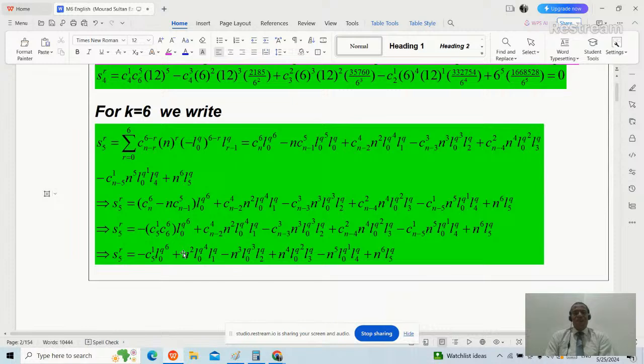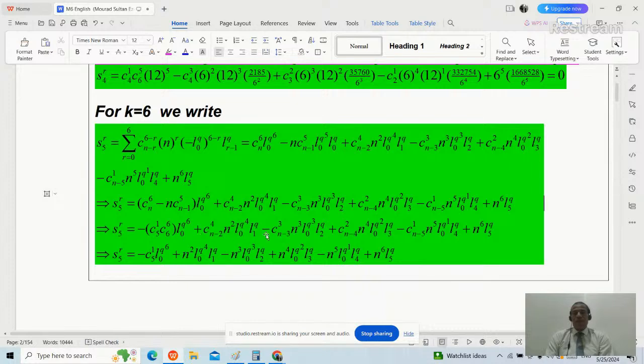Plus, of course, the other simple calculation, n squared for n minus 2. I put n squared here. This one, n is 6 now because we are raising to the power 6. 4 minus 2 is 4, 4 choose 4 is 1. That's why no need to write 1.